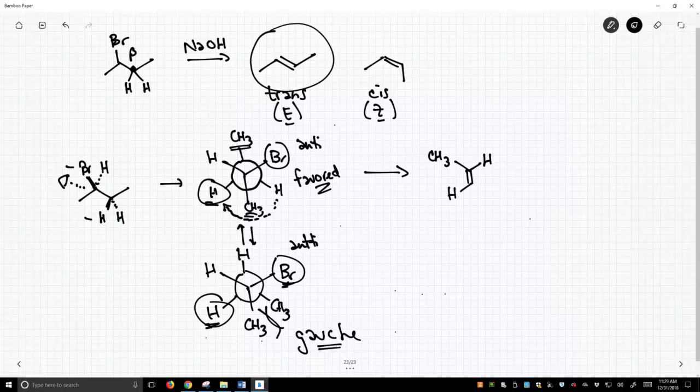Easy to cross up the lingo. Okay. So this particular Newman projection will give us exclusively the trans isomer. The bottom case, if we were to do this elimination, the two methyl groups would be on the same side of the alkene, and that would give us the cis product.